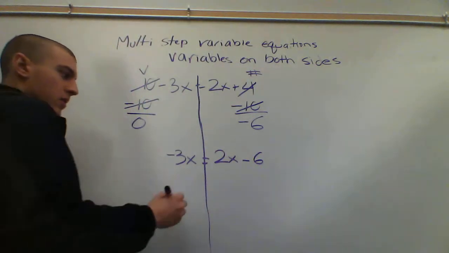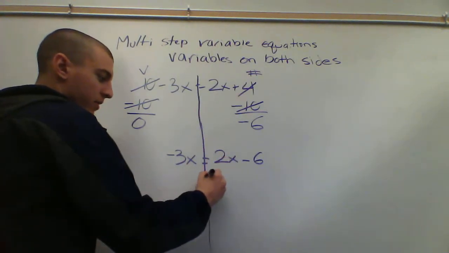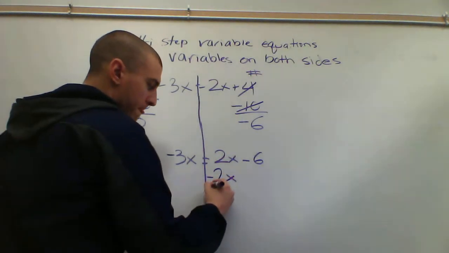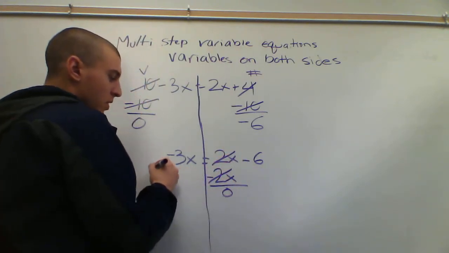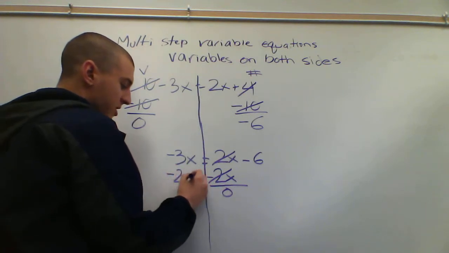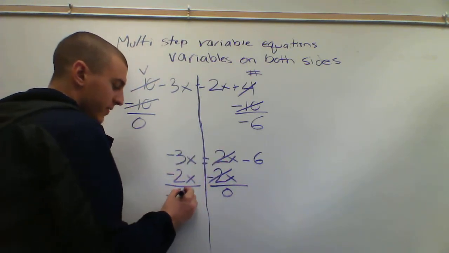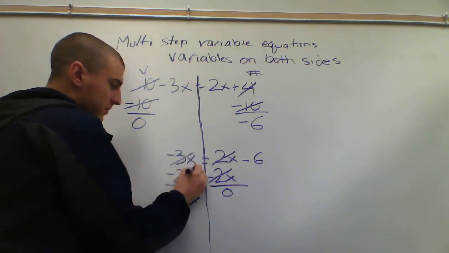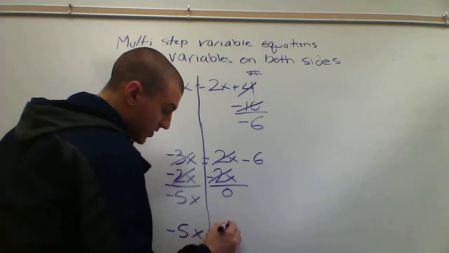We have to make this guy 0 on this side and move him over here. So 2x minus 2x is 0. Negative 3x minus 2x, because whatever we do on one side, we also do on the other, is negative 5x. And what we are left with is negative 5x equals negative 6.